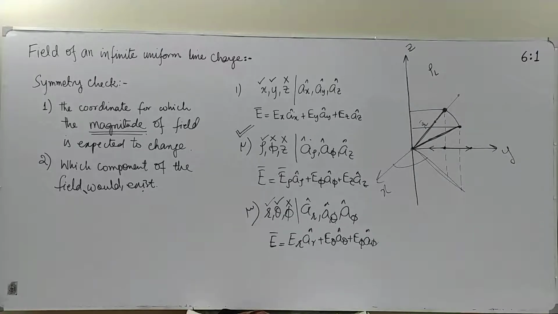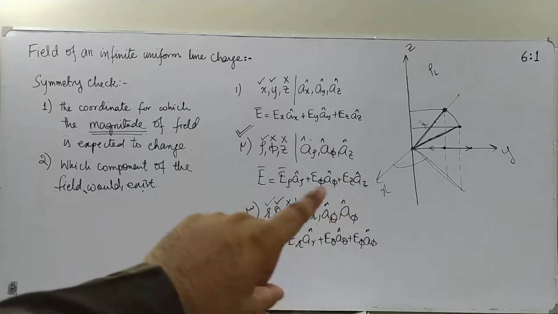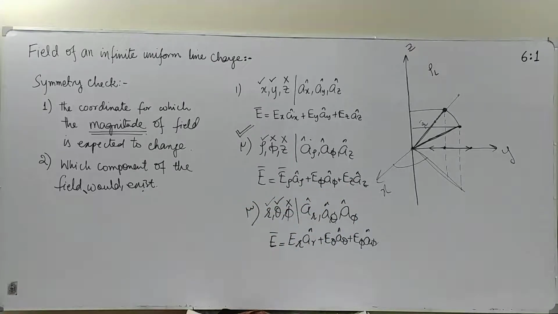While deriving the expression for electric field intensity in the cylindrical coordinate system, we will have to hunt down which of these three components, that is rho, phi and z, are expected to be there in the final expression. So this is symmetry check clause number 2, which we will perform while deriving the expression. So let's move on, inshallah.